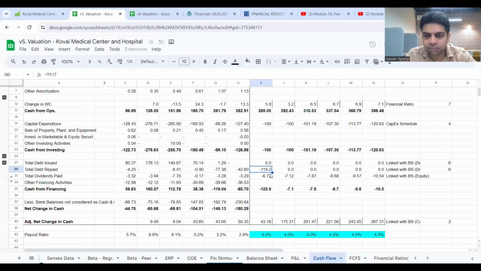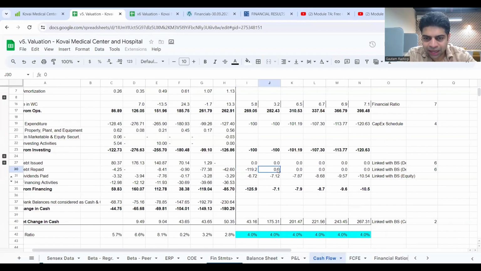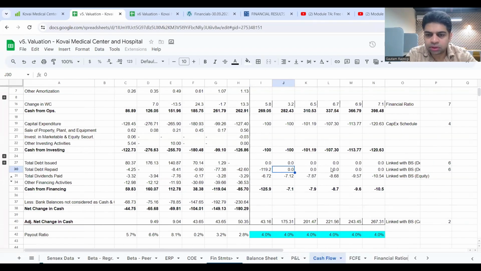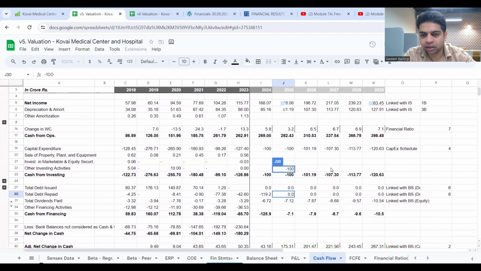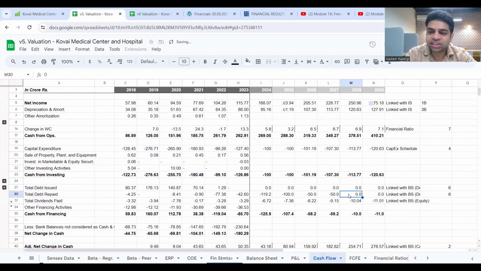Let's go to cash flow. I'll assume that next year they reduce 100. They paid their debt down by 100 CR. उधारी कम की 100 crore से. Next year, 50 CR they used to reduce their debt. Next year again they use say 50 CR to reduce their debt. Next year again they reduce say 50 CR.